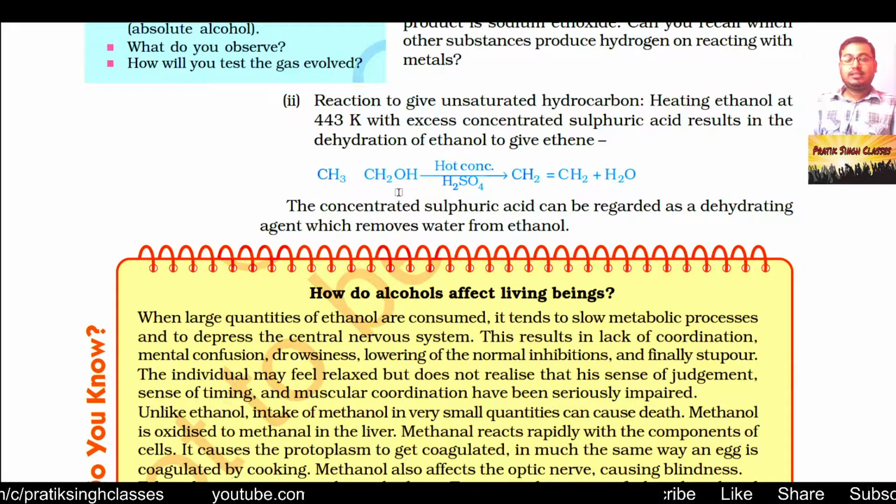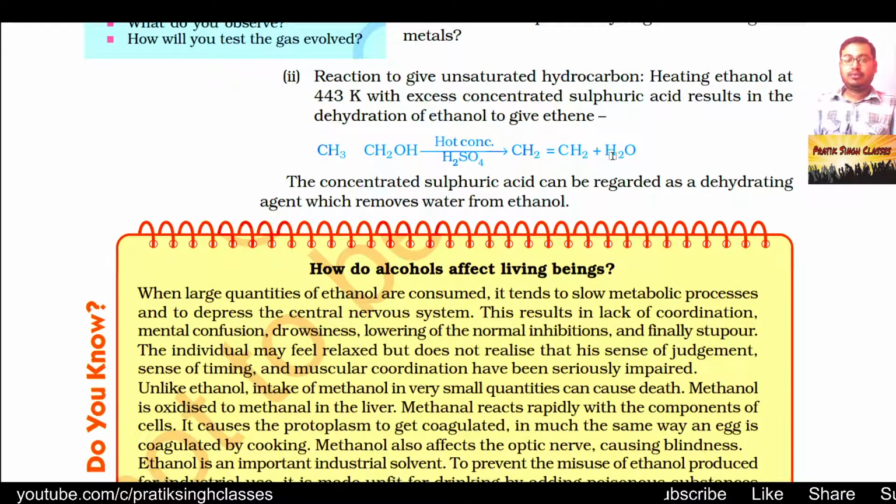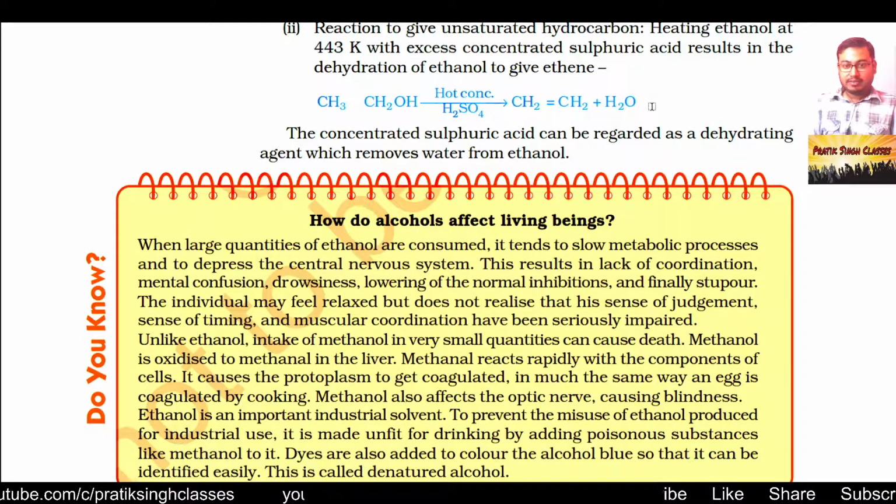CH3CH2OH in hot medium with concentrated sulfuric acid gives CH2=CH2, that is ethene, plus water. Water comes out here in liquid form. Nothing is given in this equation about whether it is coming out in liquid or gaseous form, but mostly it comes out in liquid form, and because of heat it converts into vapor.